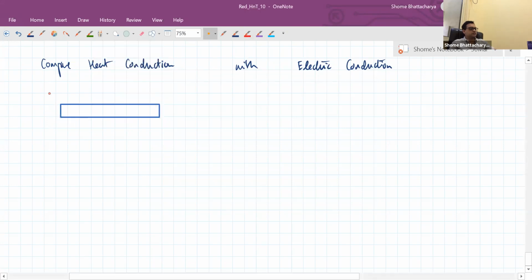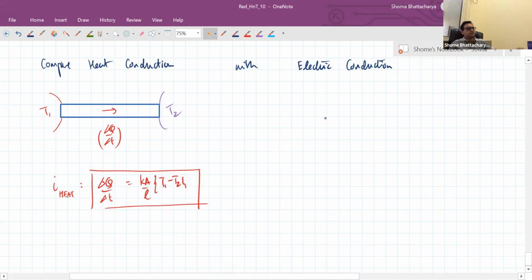So when we subject this to temperature T1 and T2 with insulation and all that, we can say that the heat current delta Q by delta T is proportional to the temperature difference. Okay.